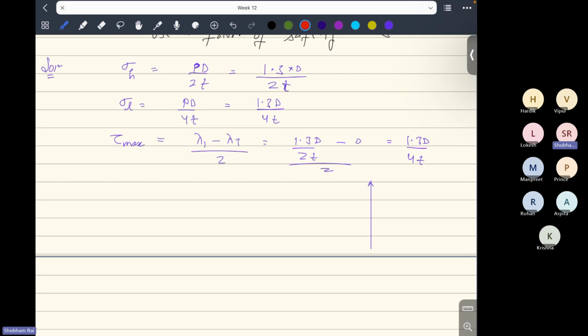Let's say this is the z direction, this will be the theta direction, and this will be the r direction, right? These three will be perpendicular to each other at a particular point.